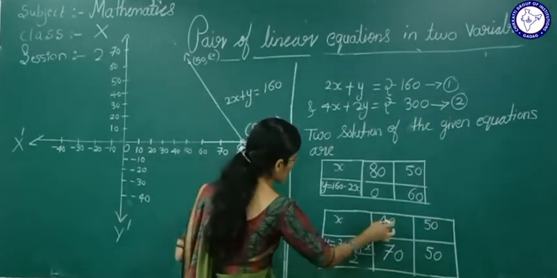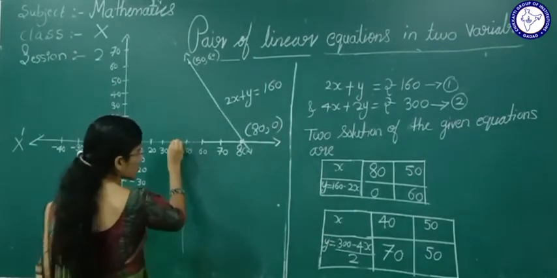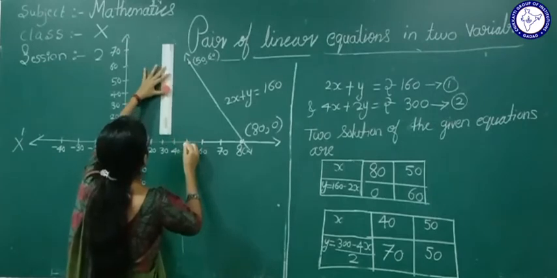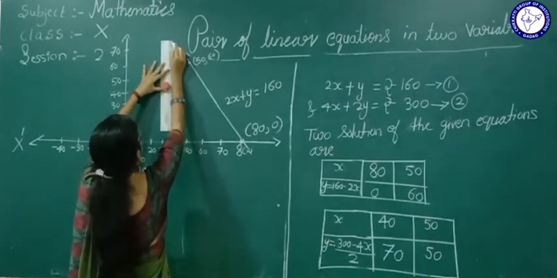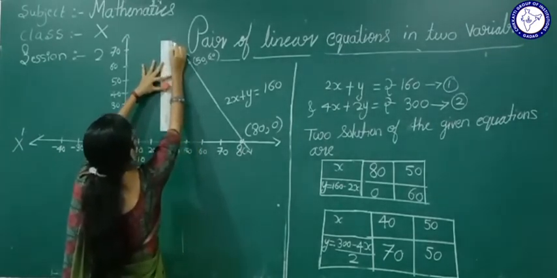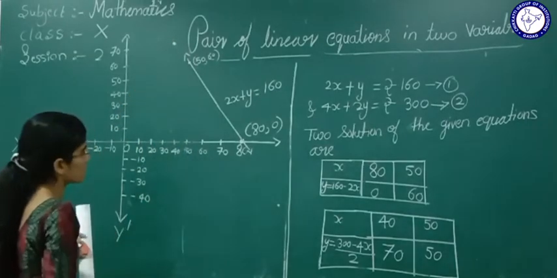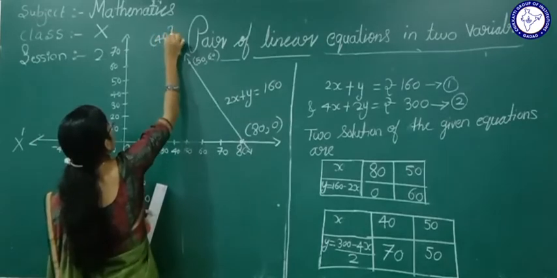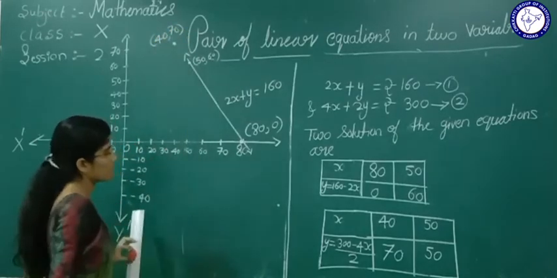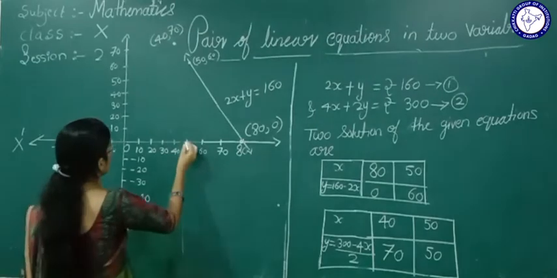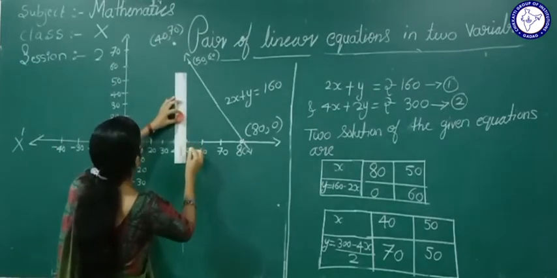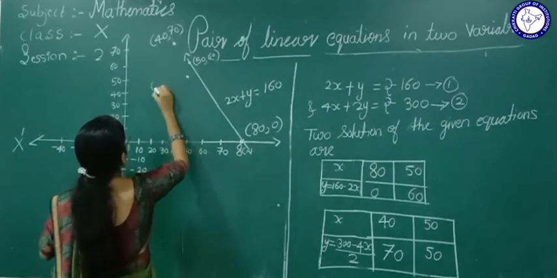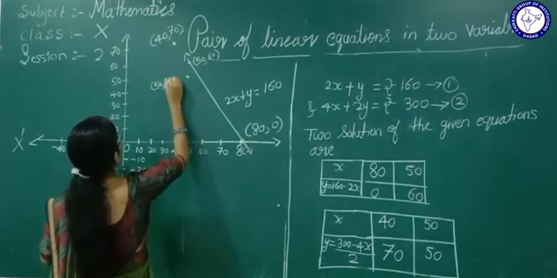When x value is 40, the corresponding y value is 70. Okay, it is (40, 70). When x value is 50, y value is also 50.